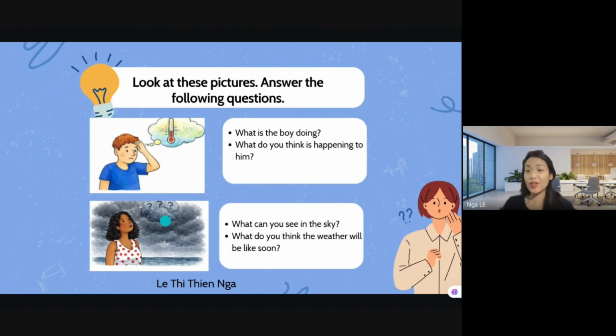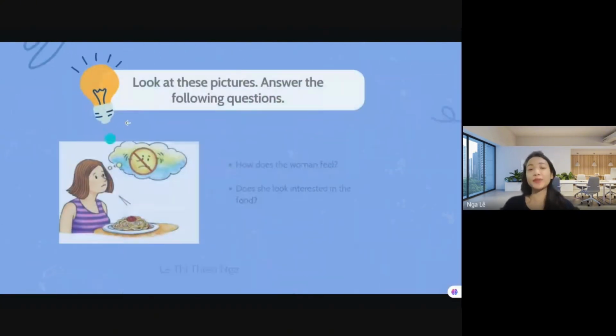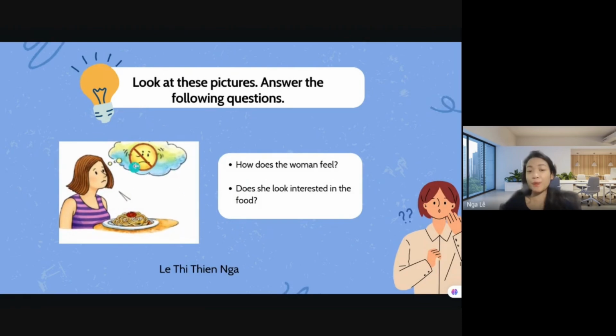The clouds are dark. Yeah, they're getting darker, right? Okay, so what do you think the weather will be like? Maybe it will rain. Excellent.